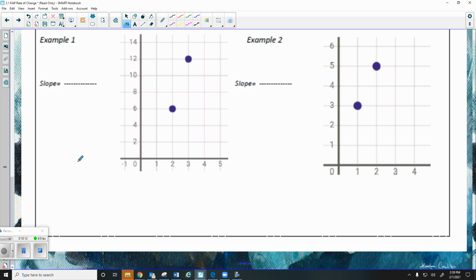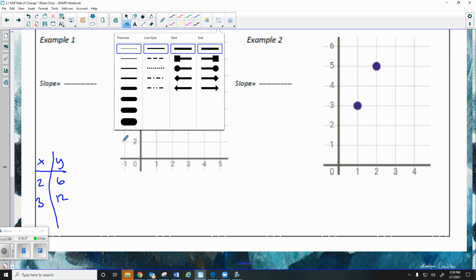Okay, so let's recall some information from last week. How can I get these points and find the x and the y? Okay, what I can do, I can just get the ordered pairs. This is 2, 6. This one is 3, 12. Okay, finding those changes.